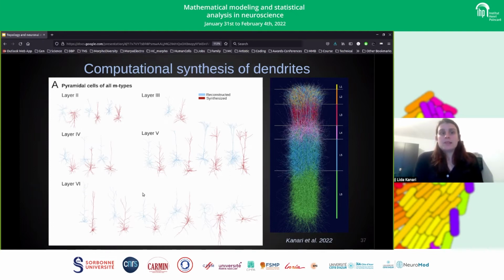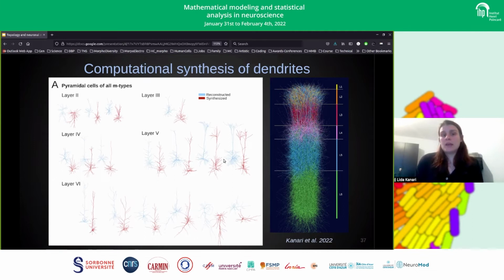And here is an example from the analysis that we did before, pyramidal cells of the rodent cortex. So here you see all the different types of pyramidal cells that we have identified objectively. And in blue, you see the original cells. So these are random examples of the representative cell types.